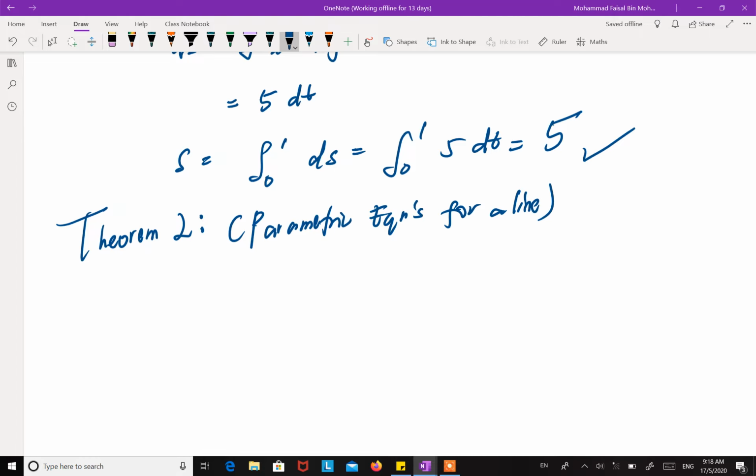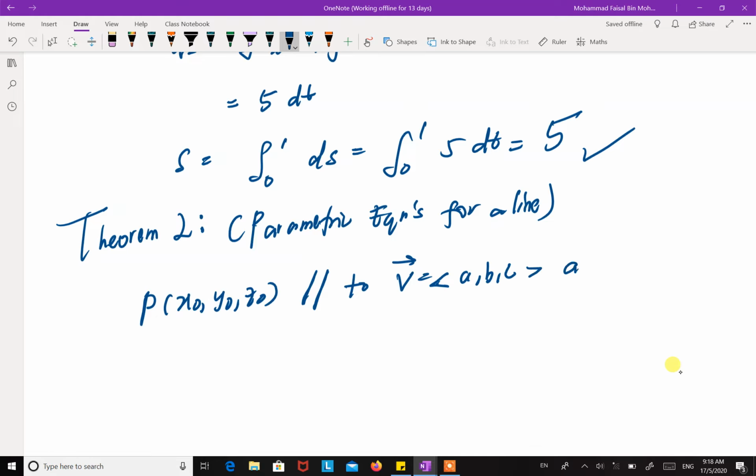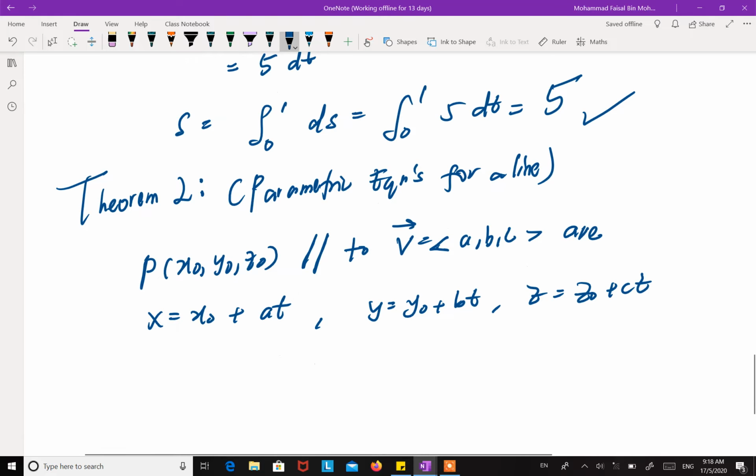The parametric equation for a line through P, let's say we have P x naught, y naught, z naught, parallel to vector V, that is A, B, C, or you can write as Ai plus Bj plus Ck, is x equals to x naught plus At, y equals to y naught plus Bt, z equals to z naught plus Ct. You have learned this in matriculation or STPM. The parametric equation for a line is a line segment connecting 2 points.